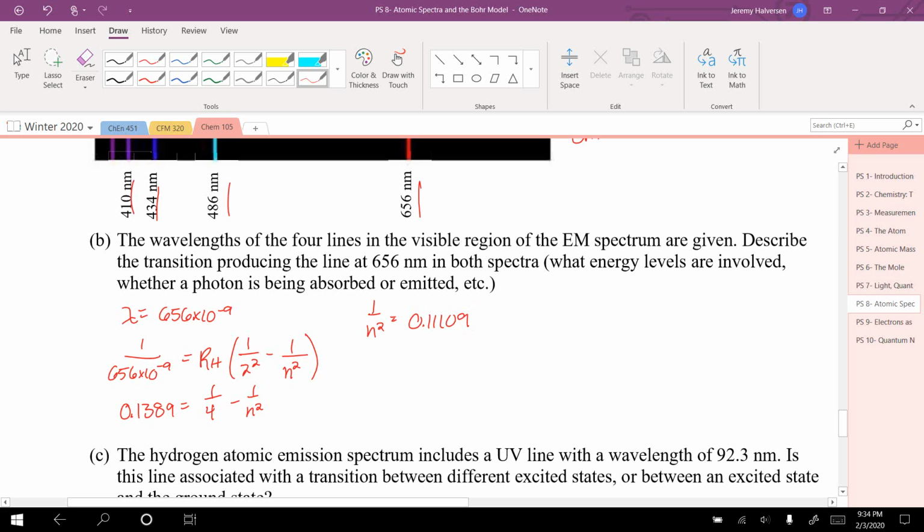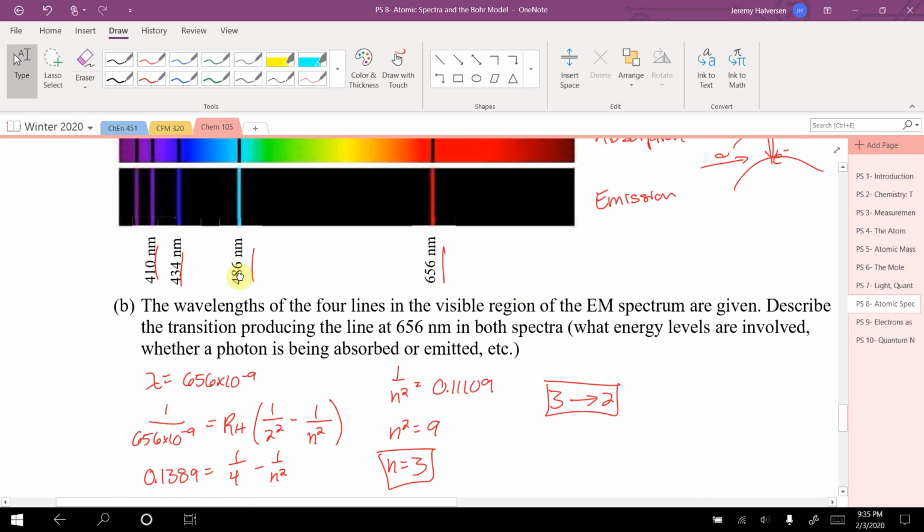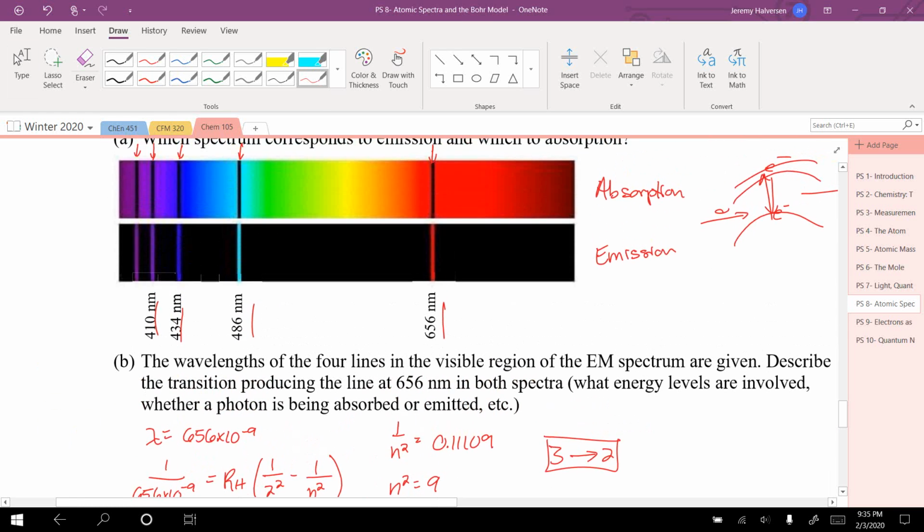So 1 over 0.11109 gives me n squared equals 9, which means n equals 3. So this is dropping from 3 to 2. That's how I got this energy, or this wavelength. Which makes sense, right? Because higher energy drops, so 4 to 2, 5 to 2, 6 to 2, will give me lower wavelengths. And these are higher energy colors as well.